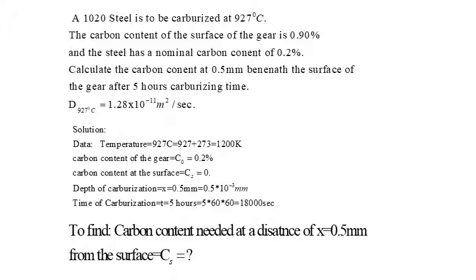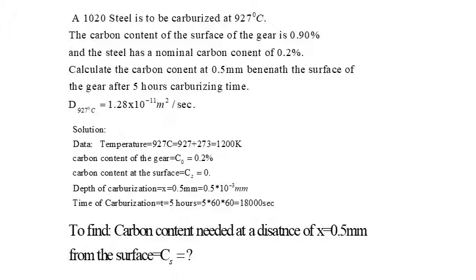Here, a 1020 steel is carburized at 927 degrees Celsius. The carbon content at the surface, that is Cs, is 0.9, and the steel has a nominal carbon content of 0.2, that is C naught. Calculate the carbon content at a distance of 0.5 mm, that is x equal to 0.5 mm beneath the surface of the gear after 5 hours, that is t equal to 5 hours carburizing time.